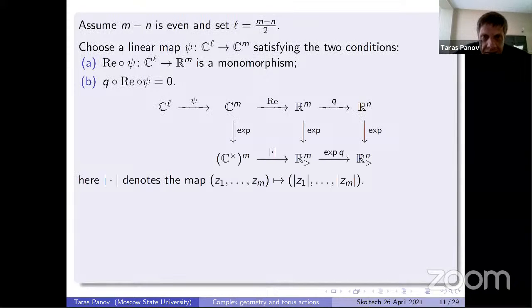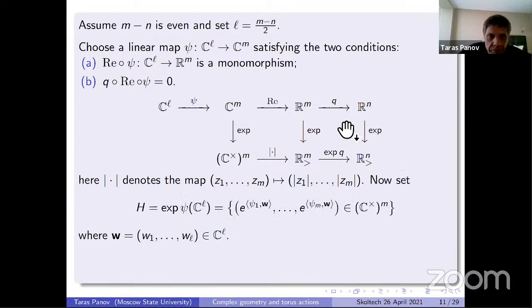But it's convenient to write it this way because then it can be defined as data which defines your complex structure. So you have a diagram like this, with this map. Now the dimensions are complex dimensions here, and these are real dimensions. Now you exponentiate it to get a holomorphic subgroup in the algebraic torus.